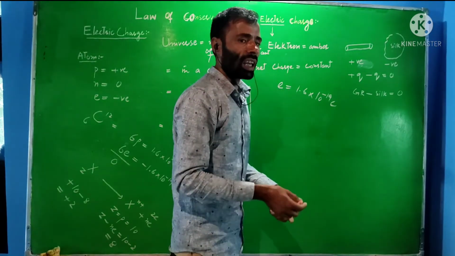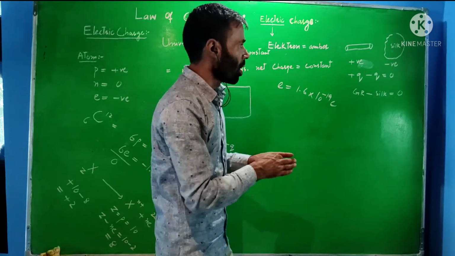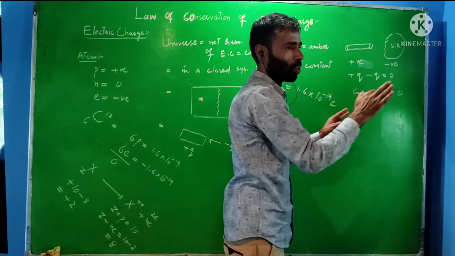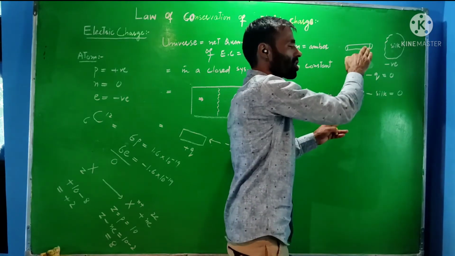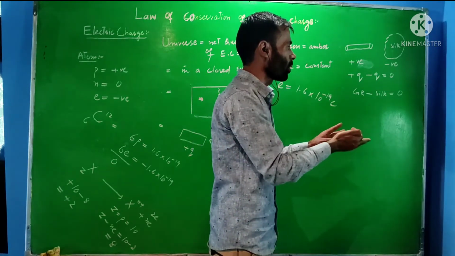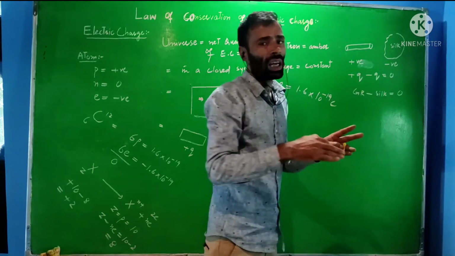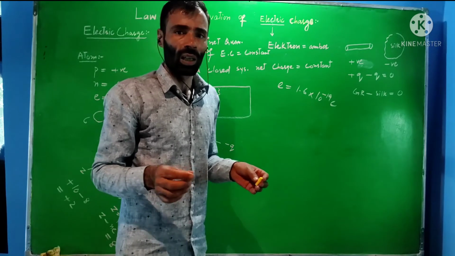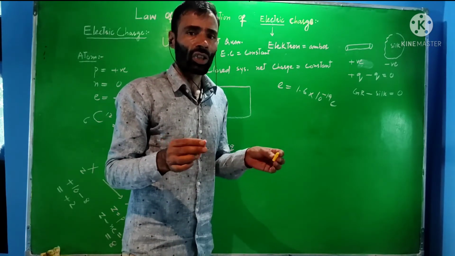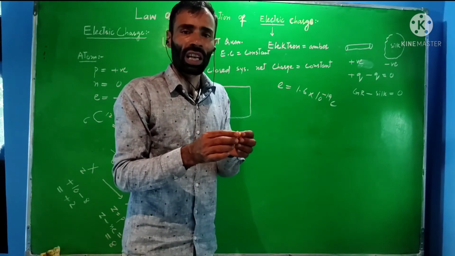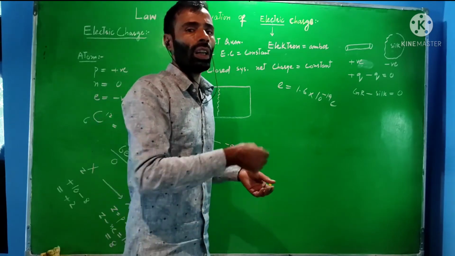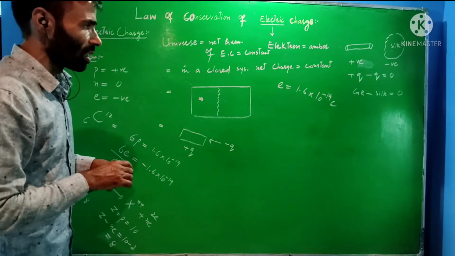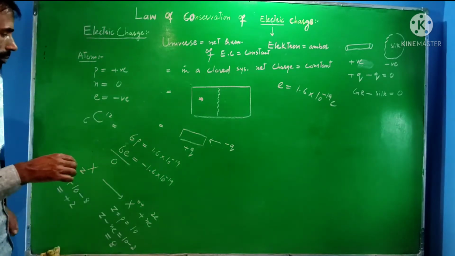Means they are neutral if combined. The charge before rubbing is 0, and after rubbing it is again 0. So in electrical phenomena, the net charge before any interaction is equal to the net charge after that interaction; the charge remains constant.